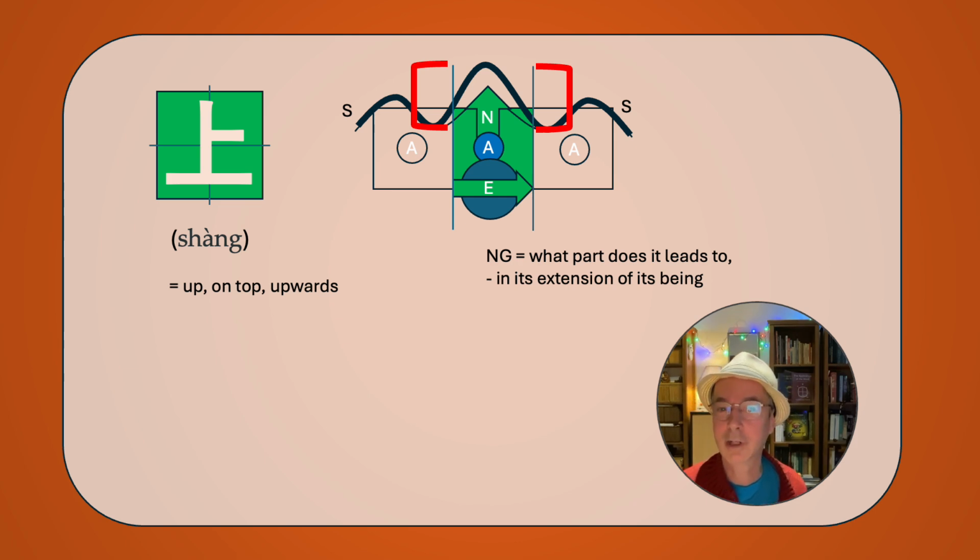But the sounds themselves lead as well. When you have shàng with n instead of n, it leads you again to what is superior here, what is more than something else here, and to a closer focus.